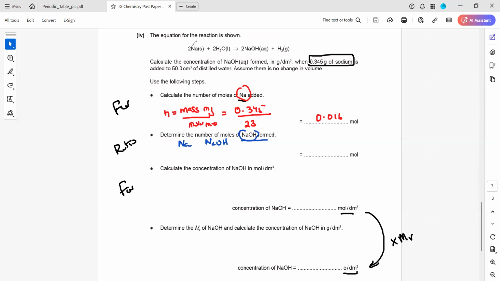How many moles of sodium do you see in the equation? 2. How many moles of sodium hydroxide are there? 2. So the ratio is 2:2, or we can also say 1:1.